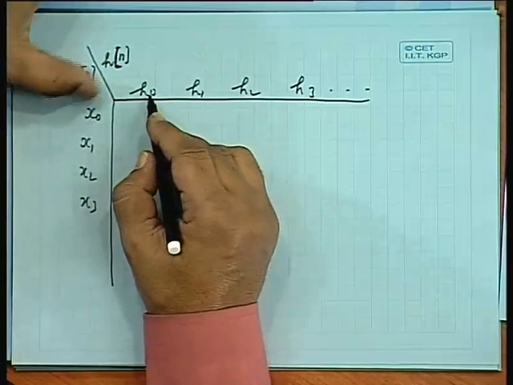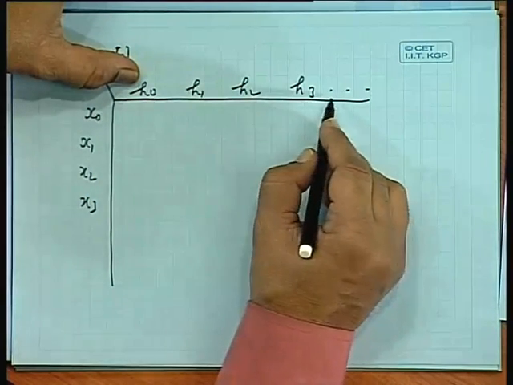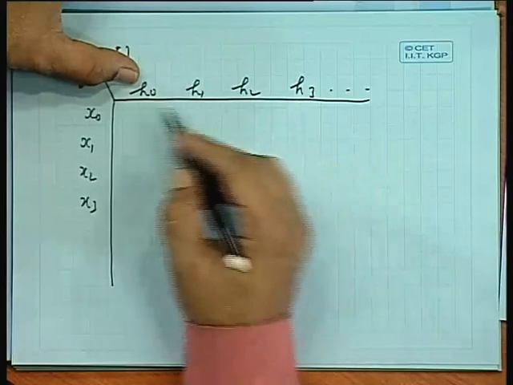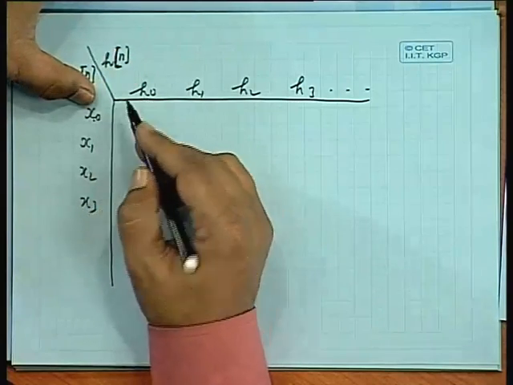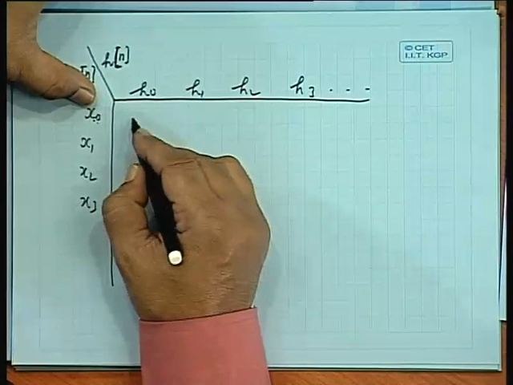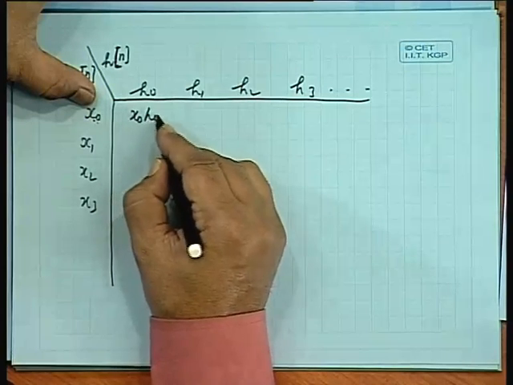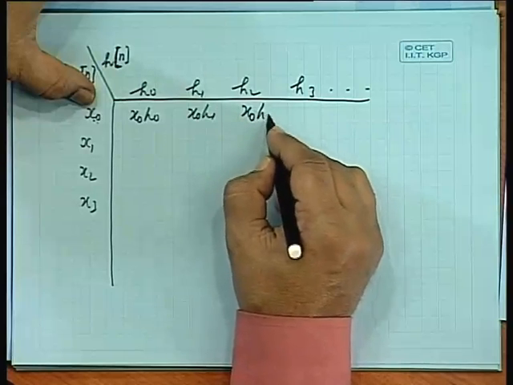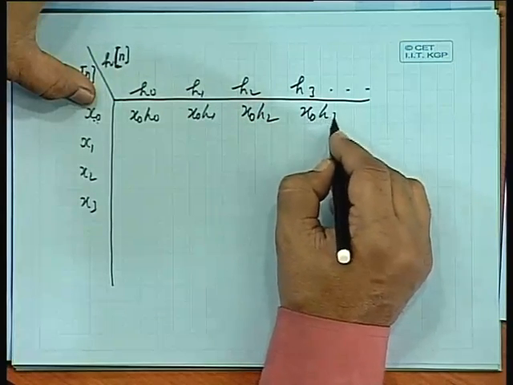So, this is the response due to a delta function, delta n. If I excite it by an impulse of magnitude x naught, what will be the response? This whole thing gets multiplied by x naught. So, this will be x naught h naught, x naught h1, x naught h2, x naught h3 and so on.